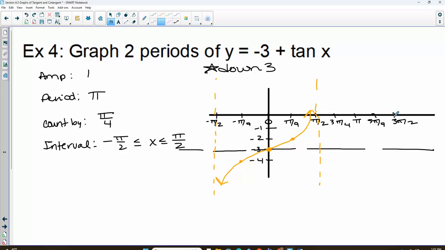Okay, asymptotes on both ends. 0 in the middle. Starts down and goes up. Is that okay?